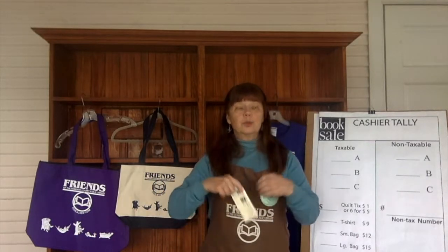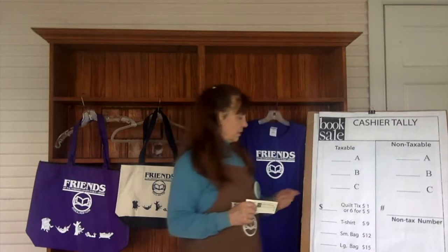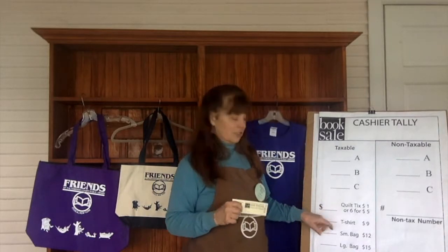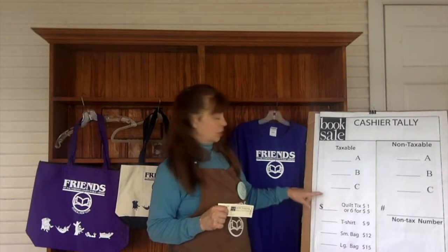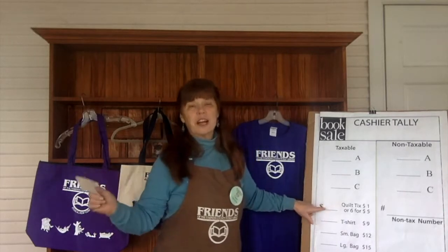Quilt drawing tickets. They're $1 each or 6 for $5. And I encourage you to point out the quilt to the customers. Say, isn't it beautiful? Wouldn't you like to buy a chance on it? And if they say yes, then you put the dollars here. You see this dollar sign? You put the dollar sign on quilt tickets because they're 6 for $5.